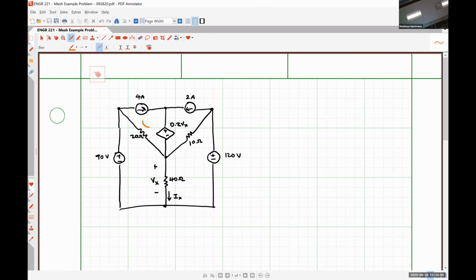I'm going to call this top left triangle mesh 1, and I'm going to give it a mesh current I1. The top right triangle will be mesh 2. The bottom left triangle will be mesh 3, and the bottom right triangle will be mesh 4.